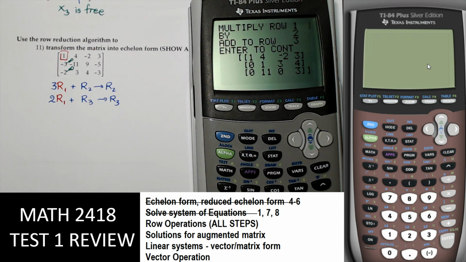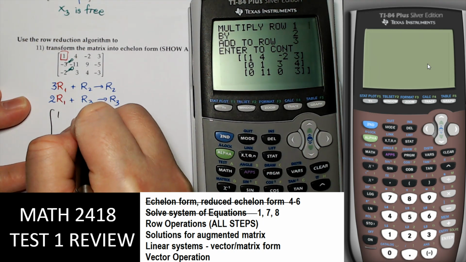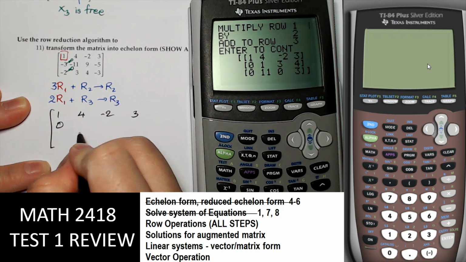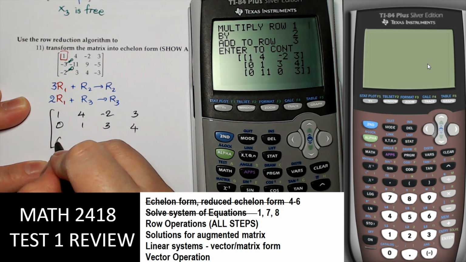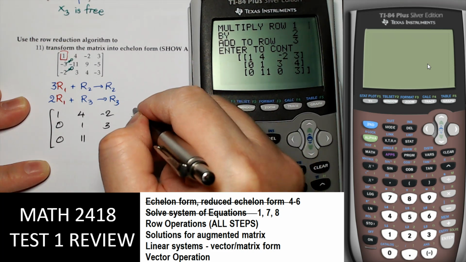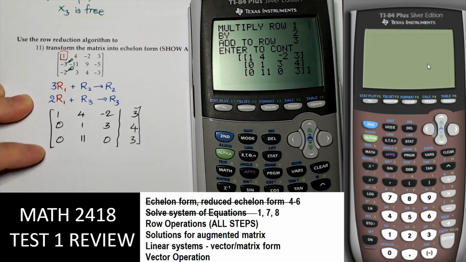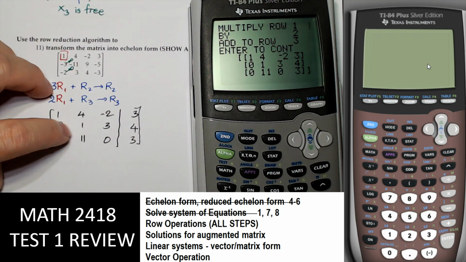Let's copy that matrix for now. 1, 4, negative 2, 3, 0, 1, 3, 4, 0, 11, 0, 3.